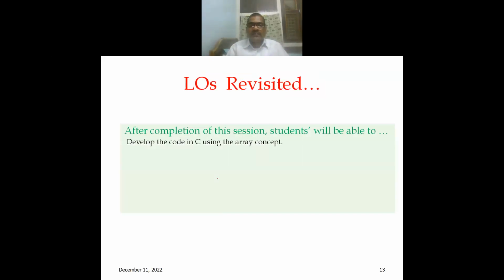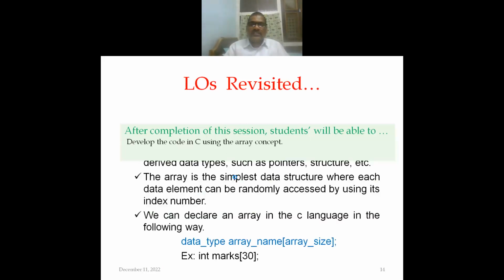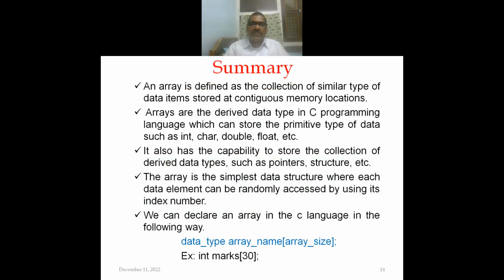After completion of this session, students will be able to develop code in C using the array concept. That is the outcome of this session. Now the summary of this session is that an array is defined as a collection of similar data type elements which are stored in contiguous memory locations. Arrays are derived data types, which can be derived from the primitive data types such as int, char, double, float, etc. It also has the capability to store a collection of derived data types such as pointers and structures.